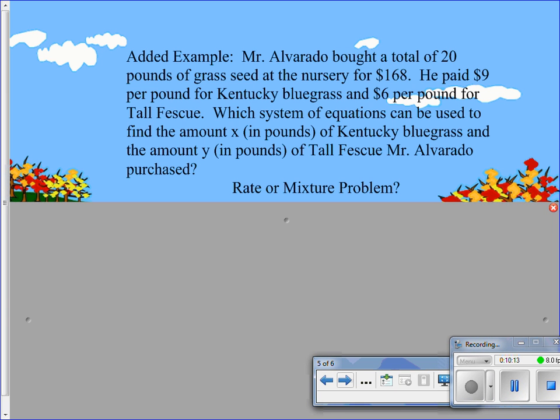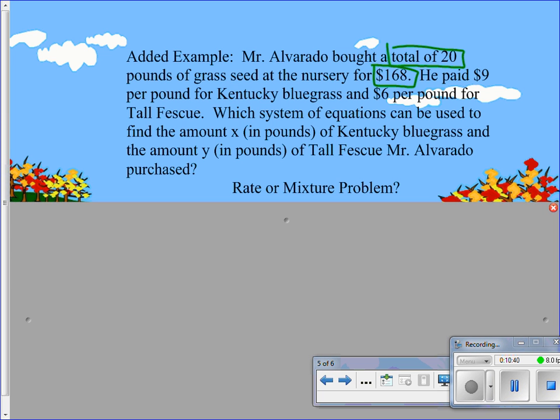Okay, your story problems are going to be the same as before, rate or mixture problems. And then you need to make the coefficients the same so that you can add or subtract to eliminate. So Mr. Alvarado bought a total of 20 pounds of grass seed at the nursery for $168. They just told you how much or how many pounds he bought and how much he spent.